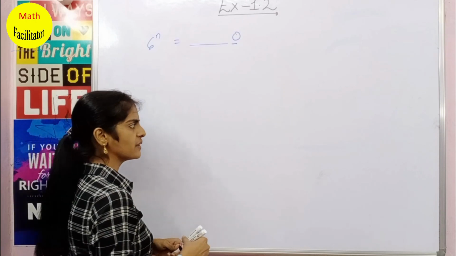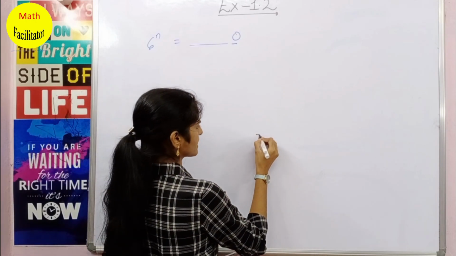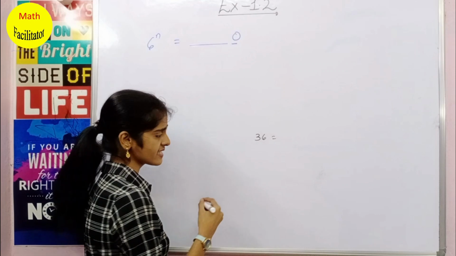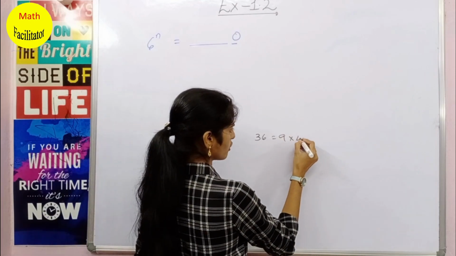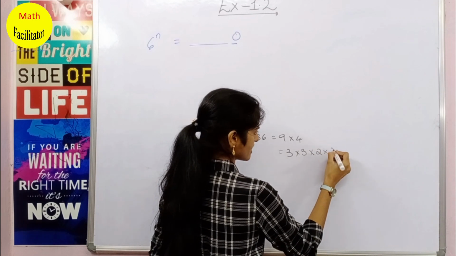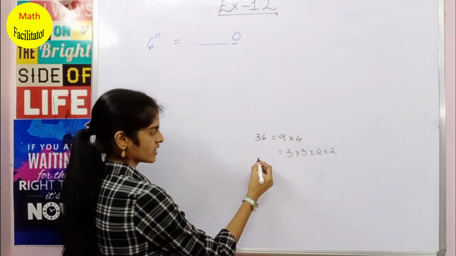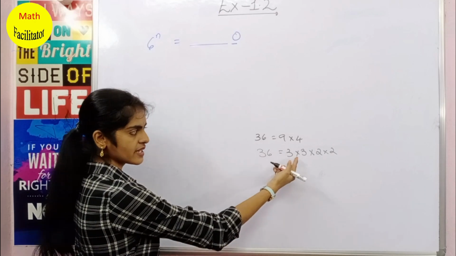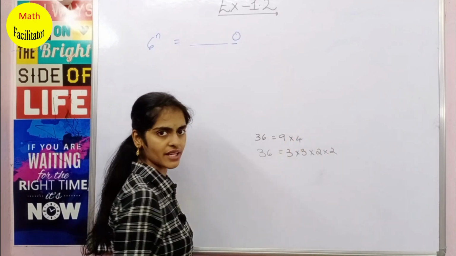For example, let us take 36. This 36 can be written as 9 into 4. 9 is 3 into 3, and 4 you can write as 2 into 2. So 36 I can write as 3 multiplied 2 times and 2 multiplied 2 times.